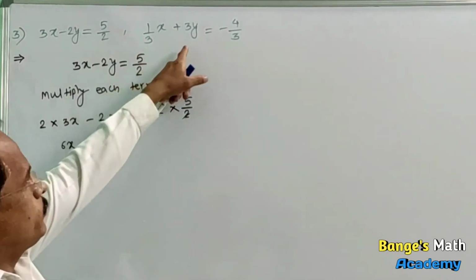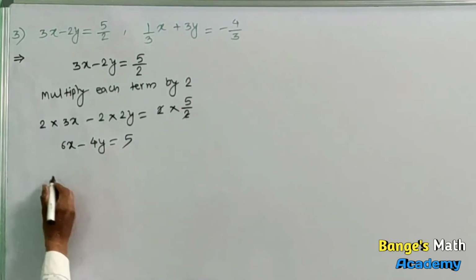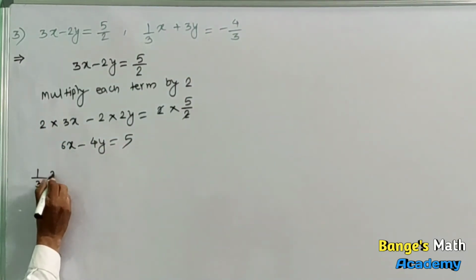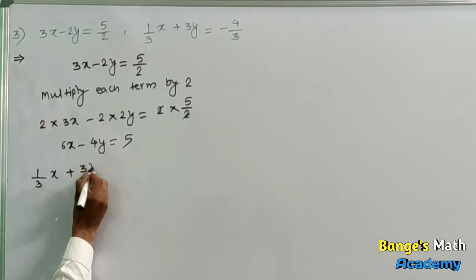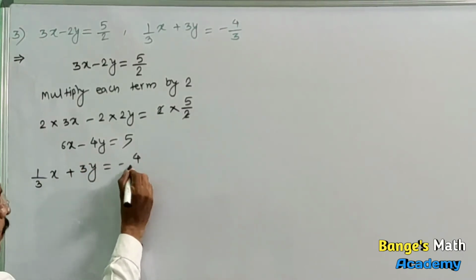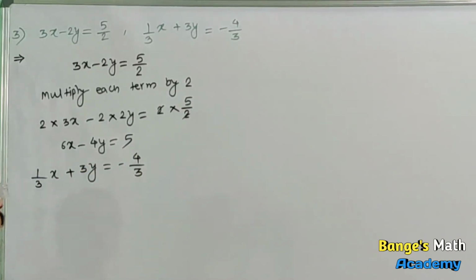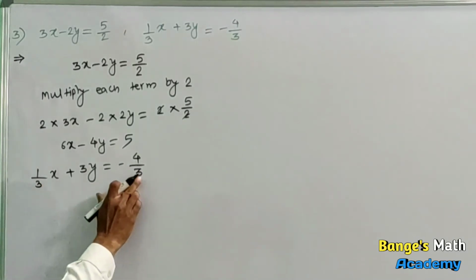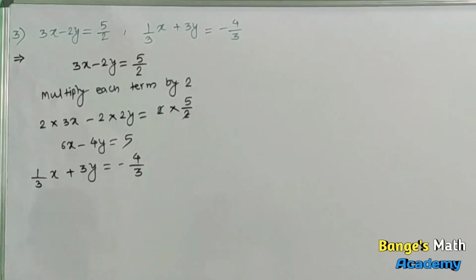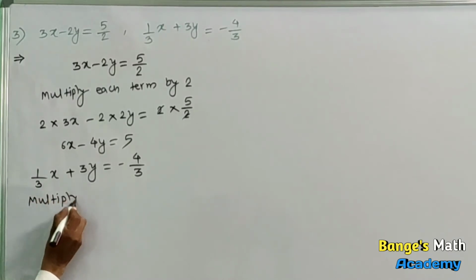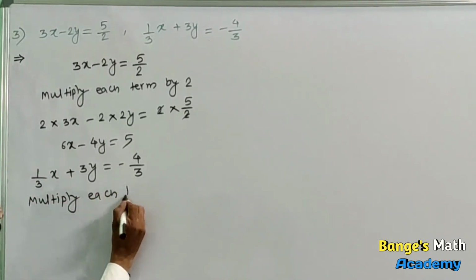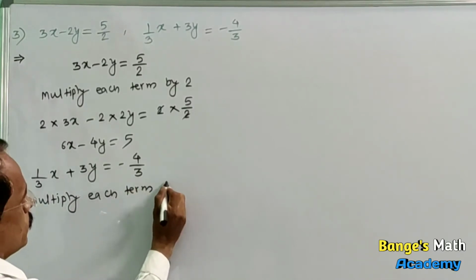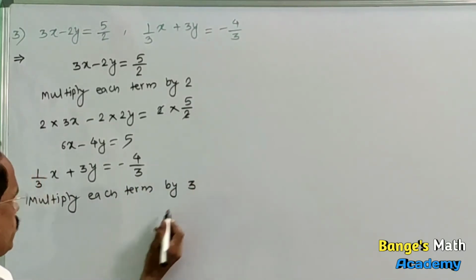Then consider second equation. 1 upon 3 into x plus 3y is equal to minus 4 upon 3. See, here is 3 in the denominator. To eliminate this 3, multiply each term by 3.